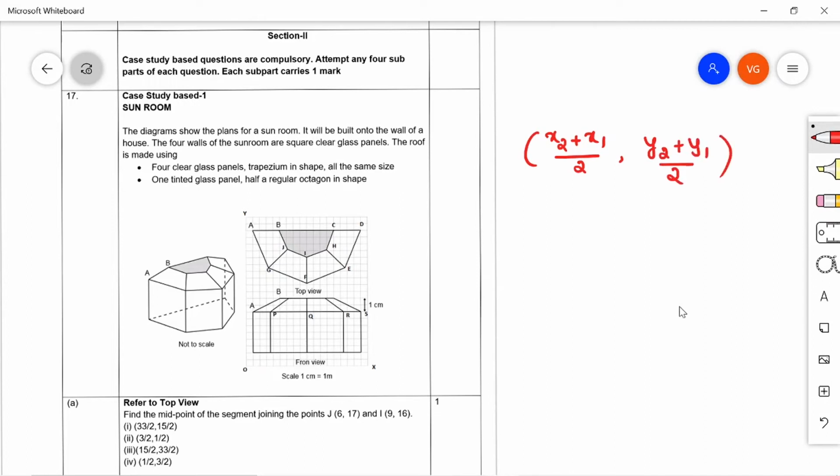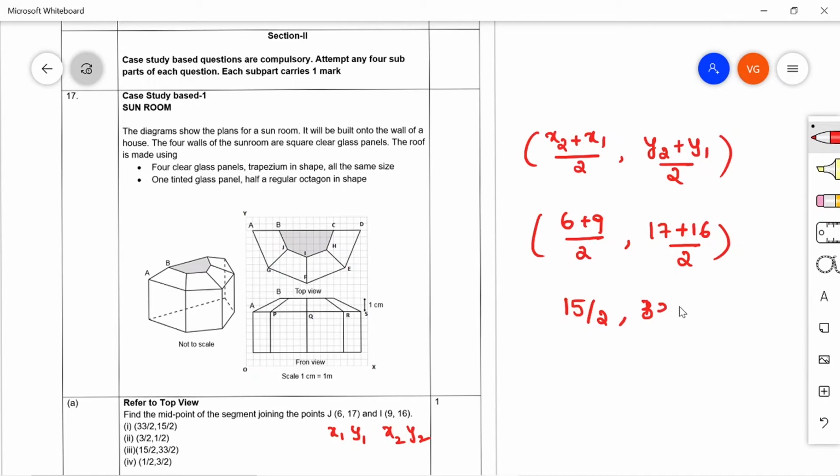Let us say this is x1 comma y1, this is x2 comma y2. So you can write 6 plus 9 by 2 and 17 plus 16 by 2, right? x1 plus x2 by 2 or x2 plus x1 by 2, anything is fine. So this comes to 15 by 2 comma 33 by 2. So it goes to option 3 here, right?